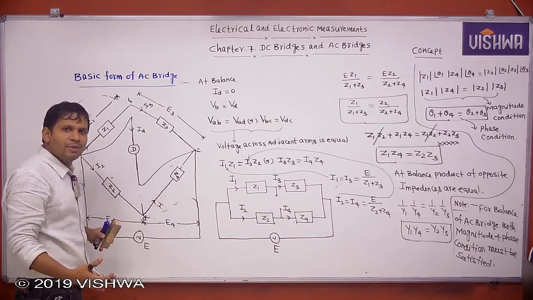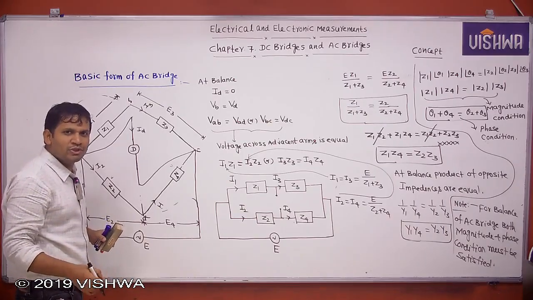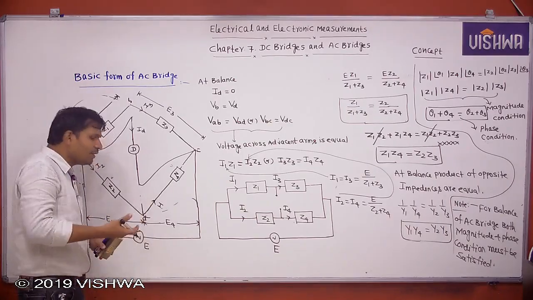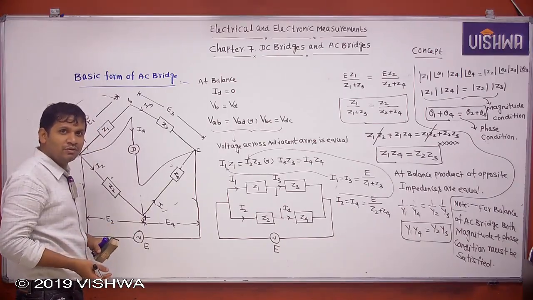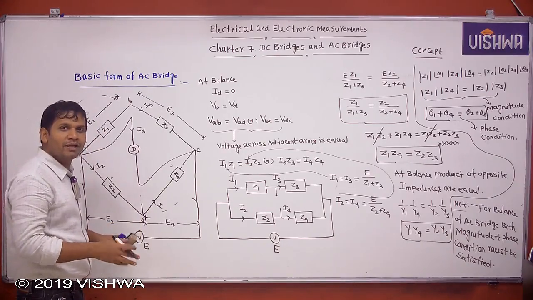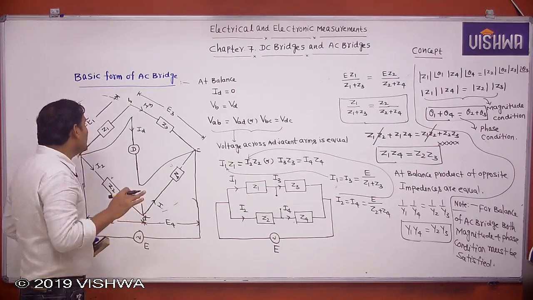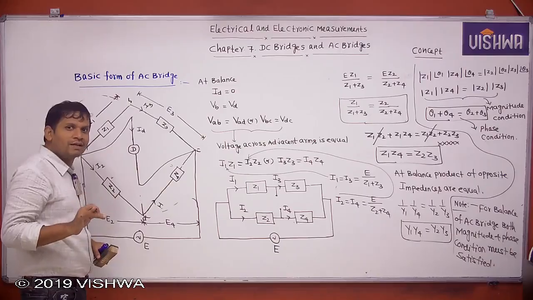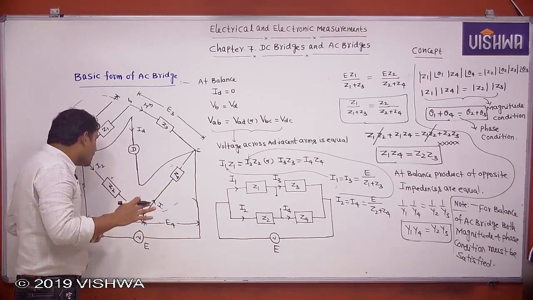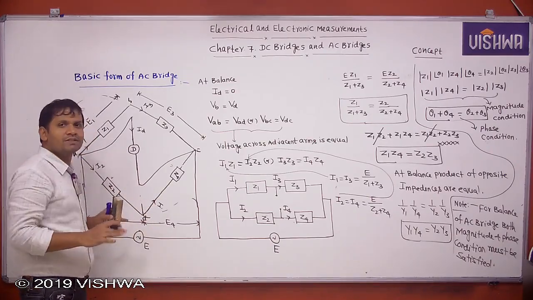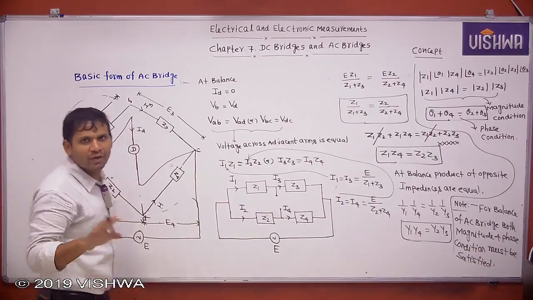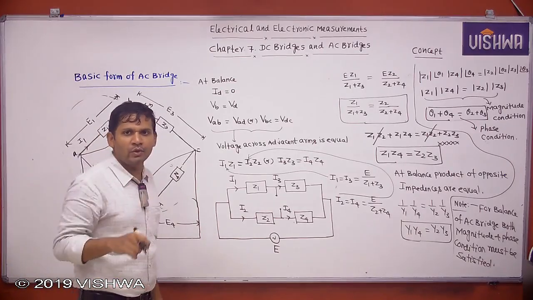For balance of the bridge, the voltage across the detector must be 0. Is there any possibility that the voltage across the detector is 0, unless the supply is switched off? That's why don't connect source and detector to the same terminals. If connected, the bridge can never be balanced. That is one point to remember.